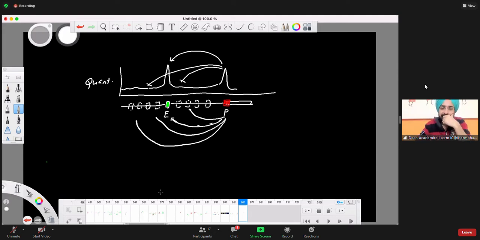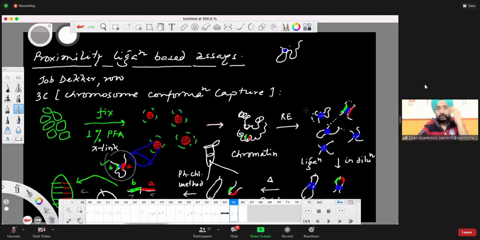Okay, and somewhere I said that people are also doing this assay, restriction digestion as well as ligation, inside the nucleus. That's possible. That's called in situ 3C. In that case, you don't need ligation in dilution because now you are doing it inside the nucleus. So it would look like the following.